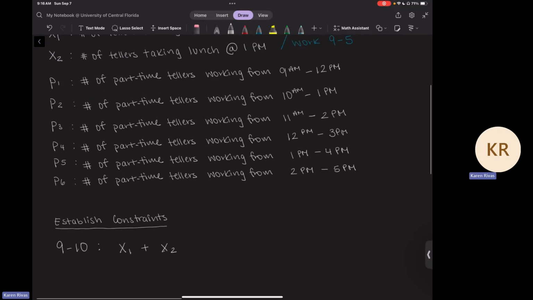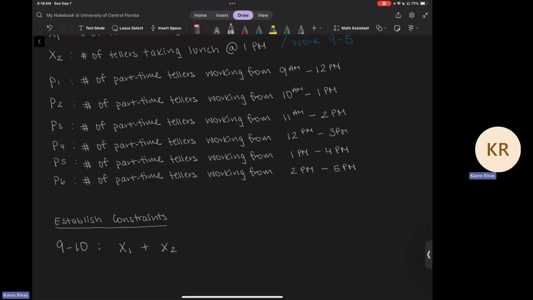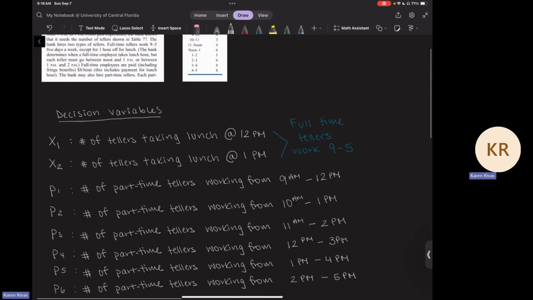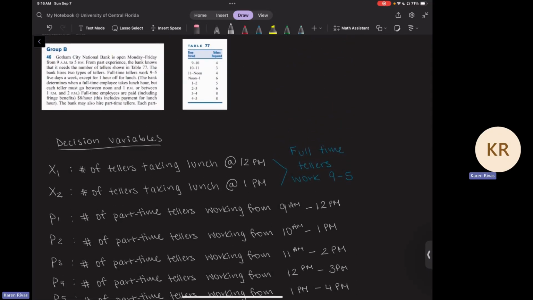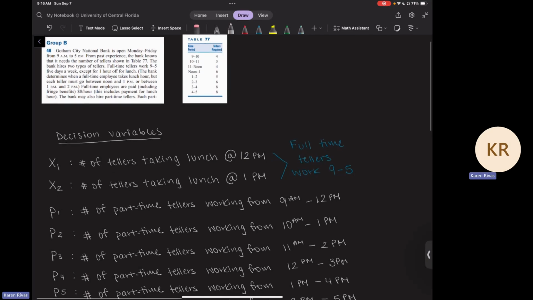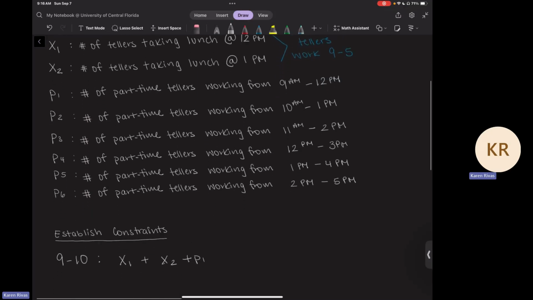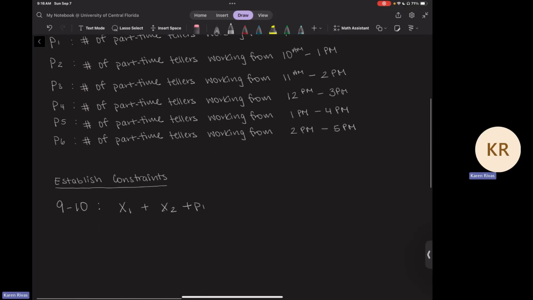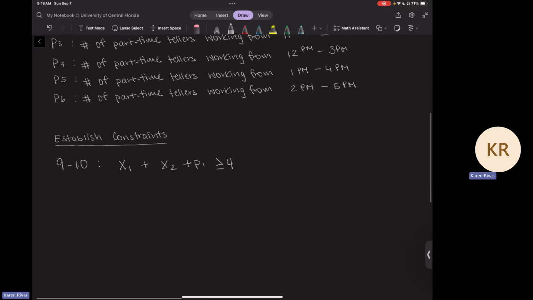And then we also have some part-time tellers that are going to be starting at 9. So we're going to add P1. And if we go back to the problem, 4 are required, at the very minimum. So we're going to do greater than or equal to 4.